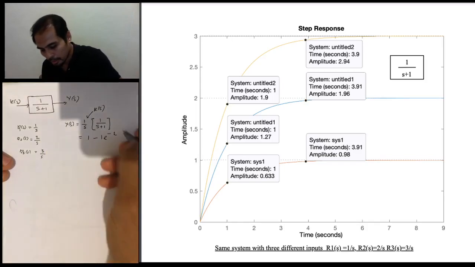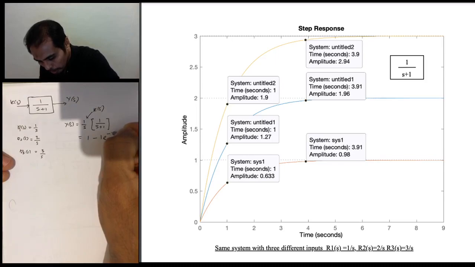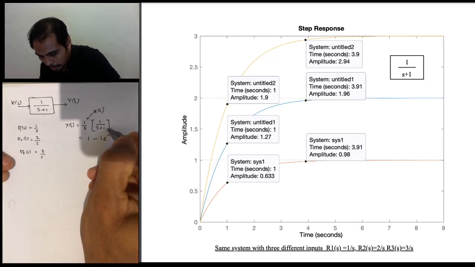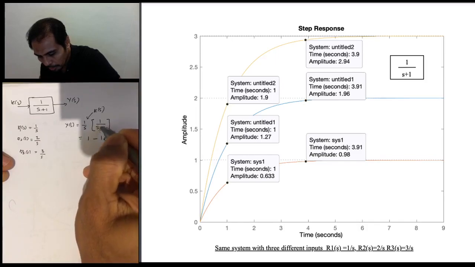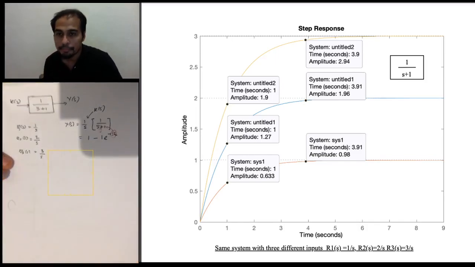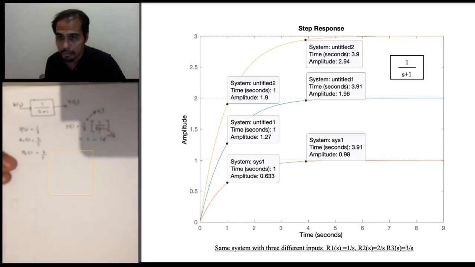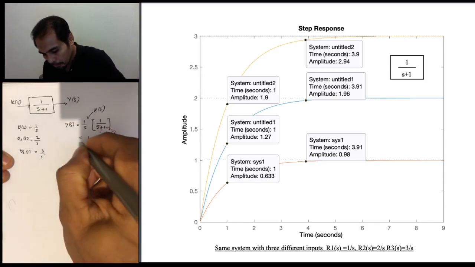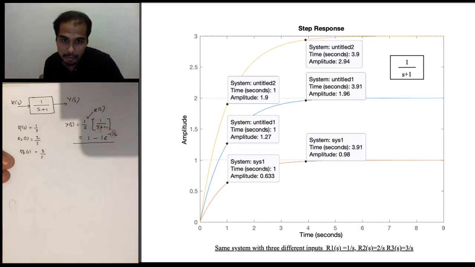You see there is a minus t, this is the 1 for t, and that 1 is taken from here, 1 over s plus 1. Then we have this one, which represents the red response.